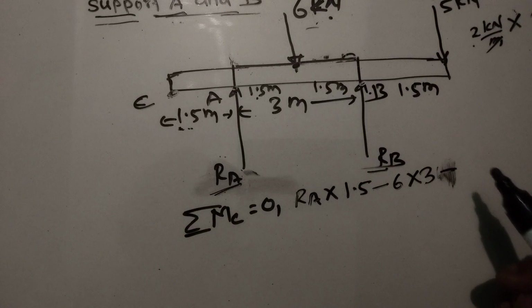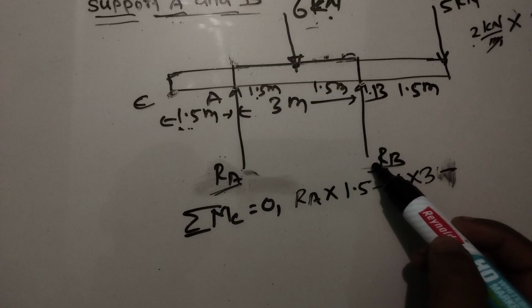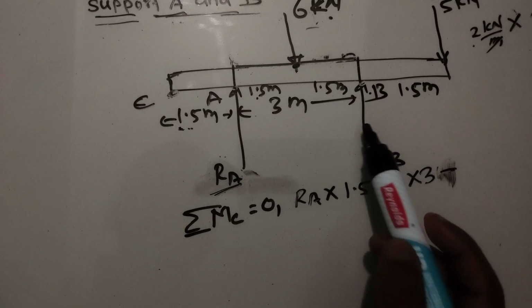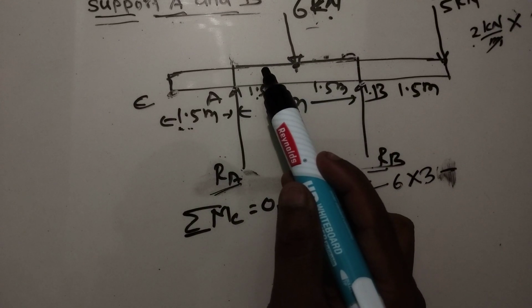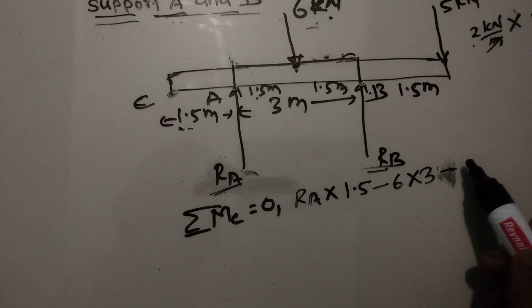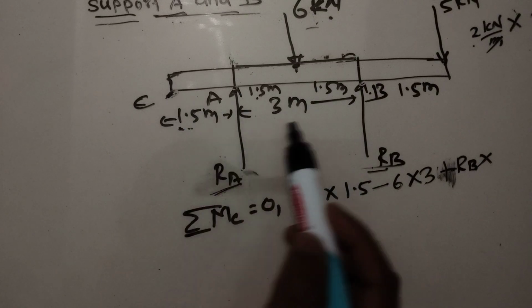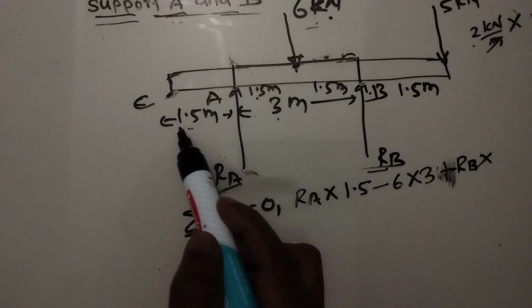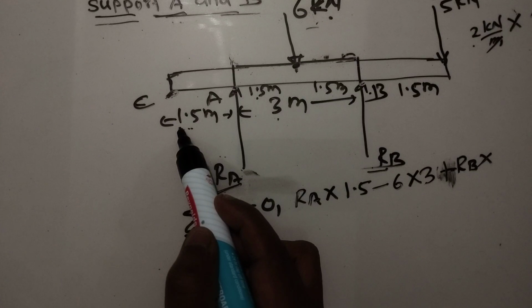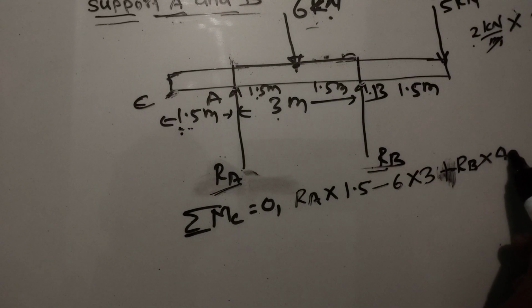And reaction RB is also trying to rotate the beam anti-clockwise. That's why we take positive RB multiplied with the perpendicular distance about point C, that means 3 meter plus 1.5 meter, which will be 4.5 meter.